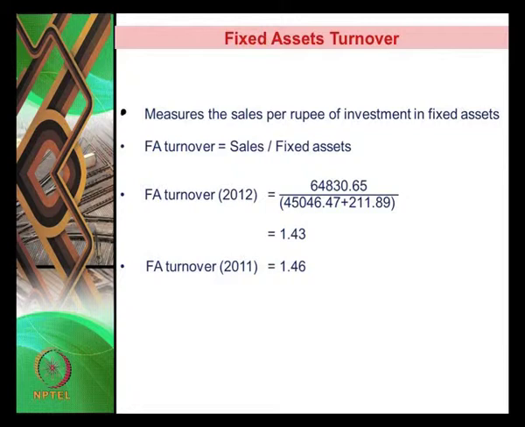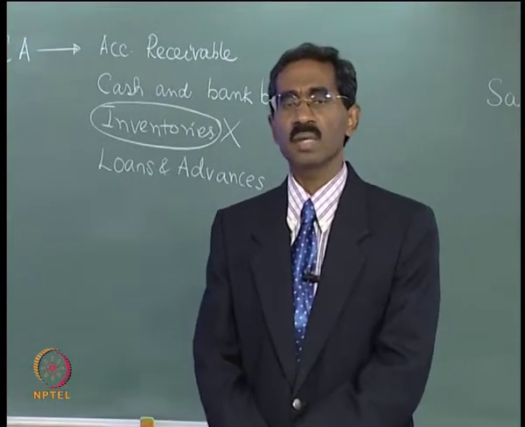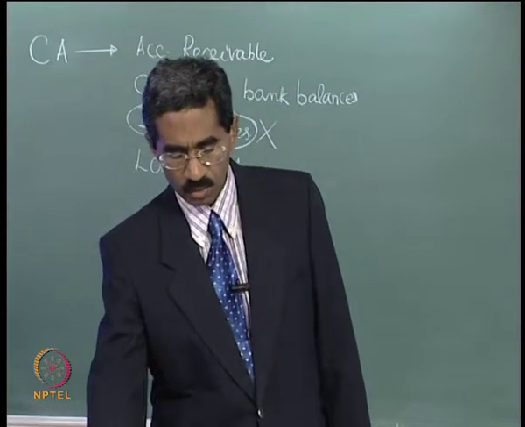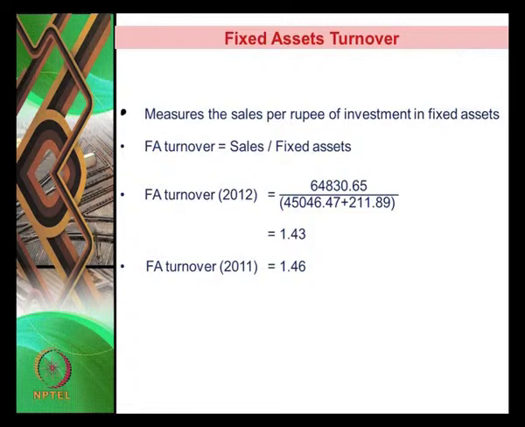Now if you look at the balance sheet, broadly we see two categories of fixed assets. One is your tangible assets, the other is your intangible assets. So we will combine both in calculating the total fixed assets. Therefore the fixed assets turnover works out to be 1.43 in the case of 2012.